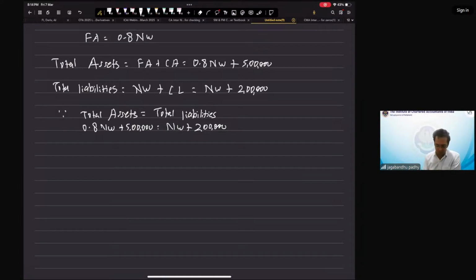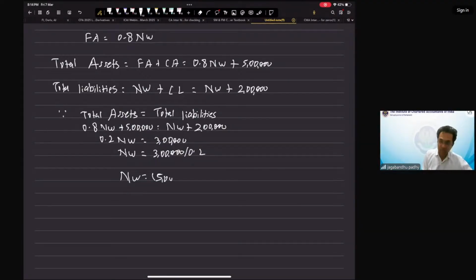Let's just bring all the net worth numbers one side. So that will be 0.2 net worth equal to 3 lakh. So how much will be net worth? 3 lakh divided by 0.2. So the value of net worth stands as 15 lakh, right?